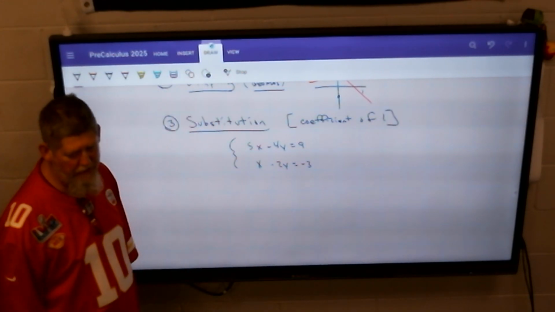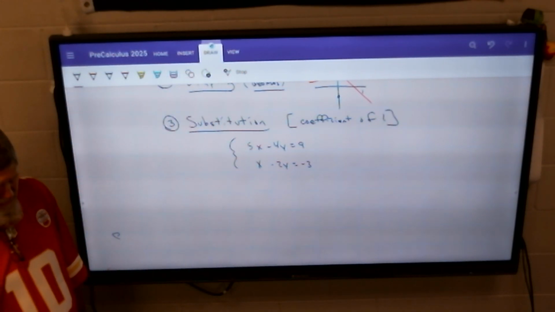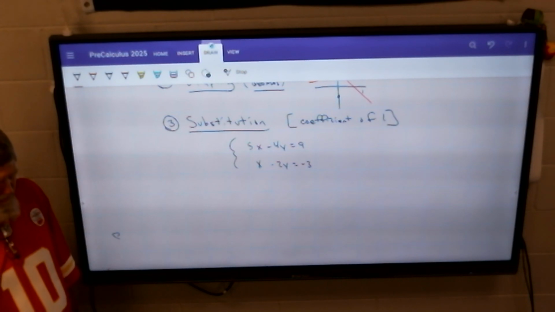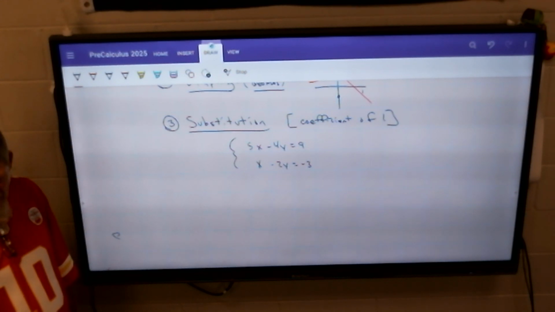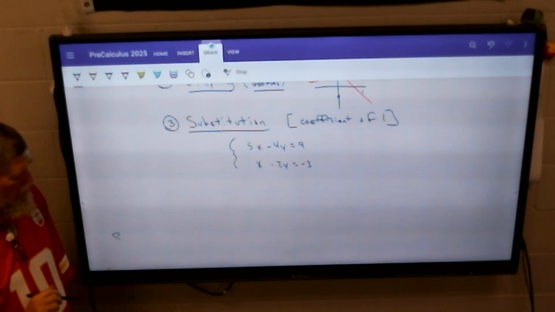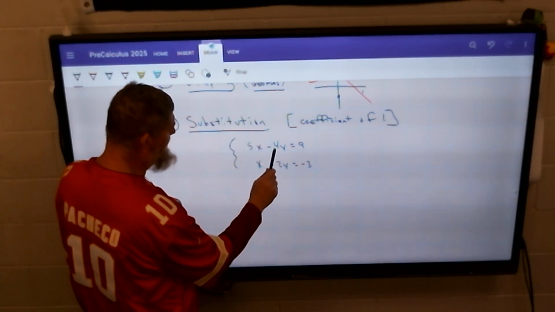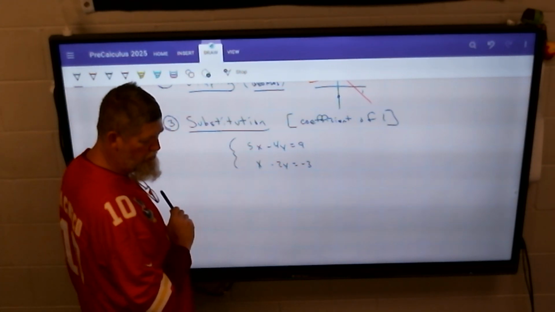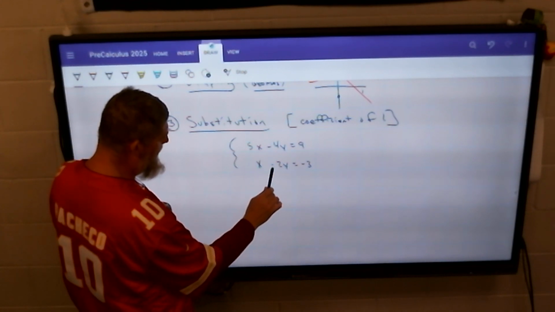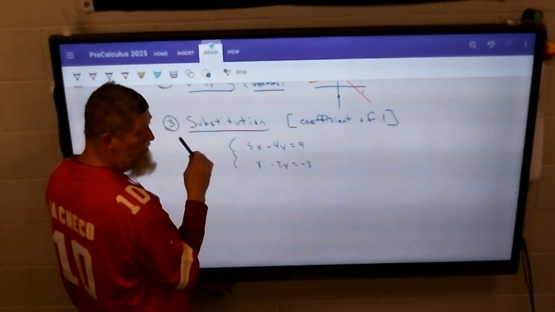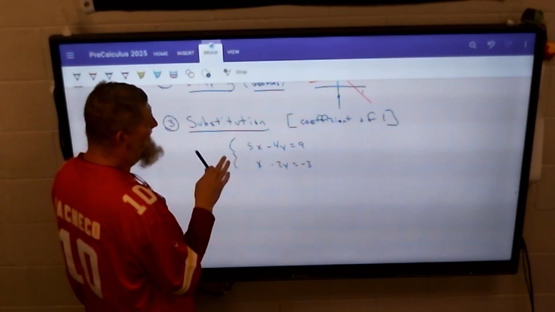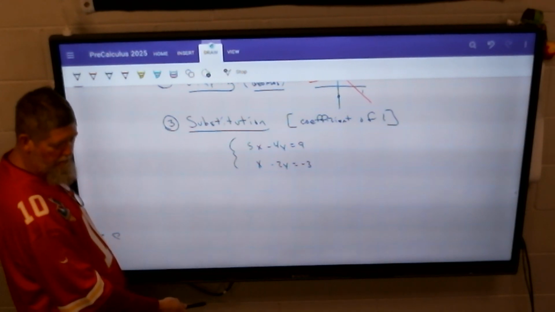So what's a coefficient? The number in front of the variable. Here I have a coefficient of 5, here a coefficient of 4. I don't want to use substitution with those. Here I have a coefficient of 1 and negative 2, so I want to use that one right there. If we don't have a coefficient of 1, then I would suggest elimination, which is number 4.